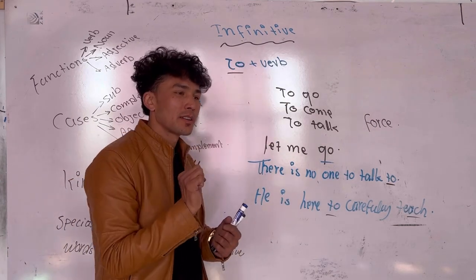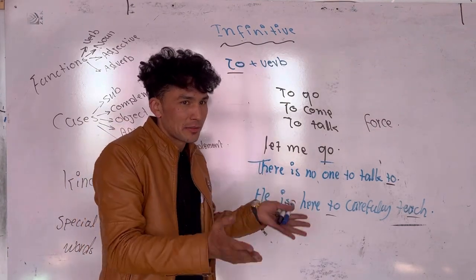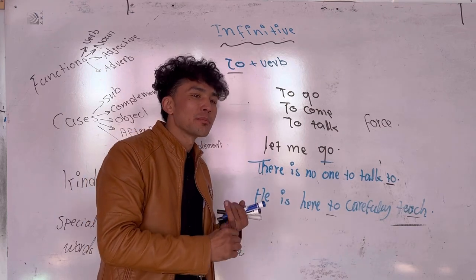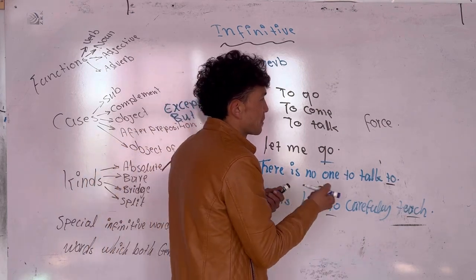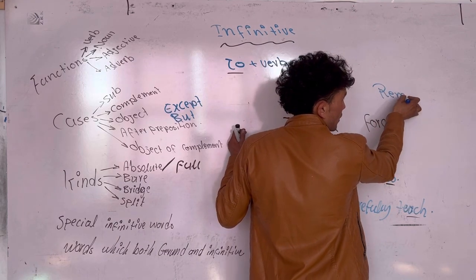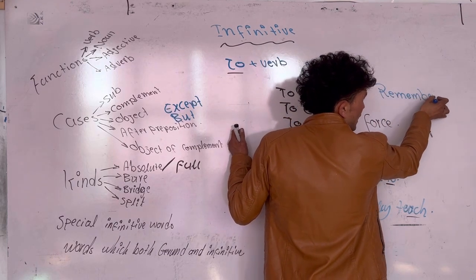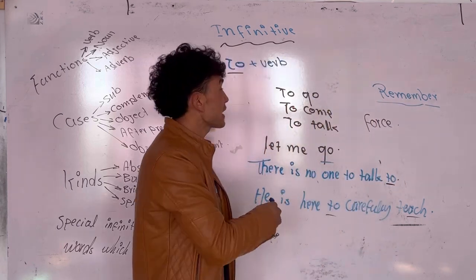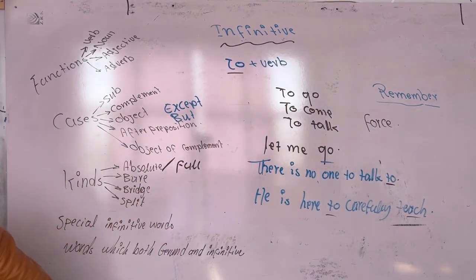And words with both gerund and infinitive. There are some words which can be used with both gerund and infinitive, but have different meanings. As an example, let's take the word remember. Can you make an example with remember?